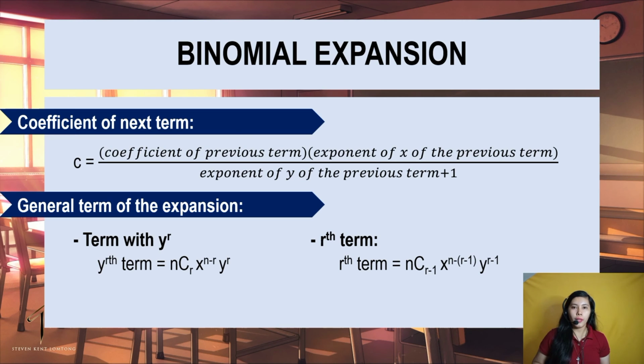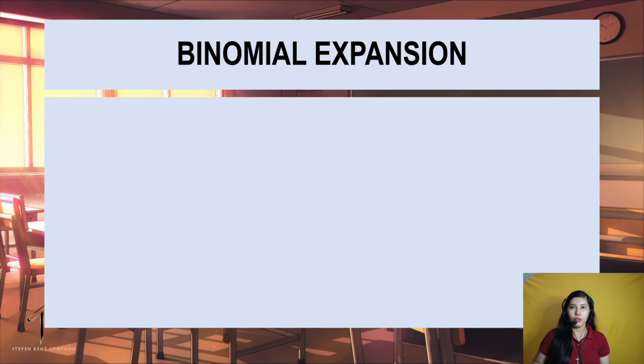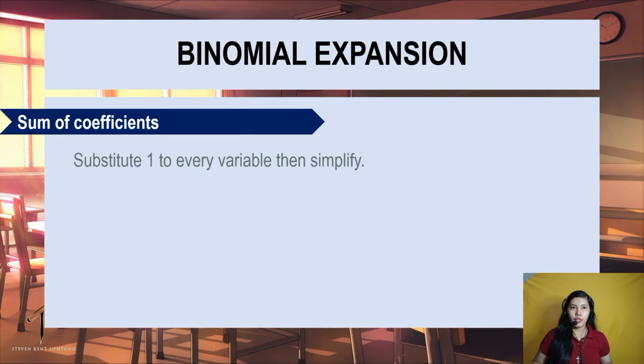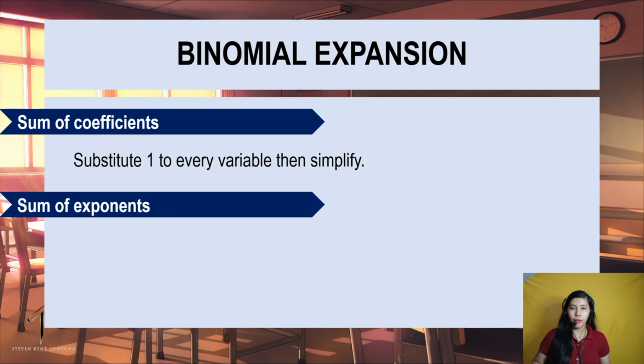For the rth term, we have nC(r minus 1) x raised to n minus quantity r minus 1, y raised to r minus 1. For the sum of coefficients, just substitute 1 to every variable, then simplify. For the sum of exponents, that's simply equal to n multiplied by n plus 1.